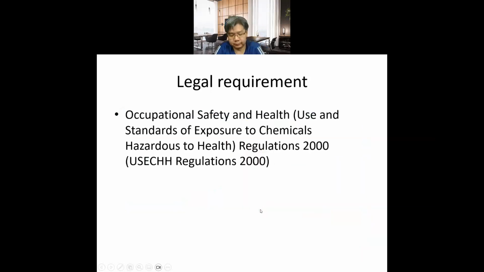Now, what I mentioned to you just now is a general sense of medical surveillance. Like I mentioned to you, it is surveillance of the medical conditions. So it requires history taking, physical examination, blood taking, laboratory tests, and so on. So it can be applied to any form of hazard exposure in the general sense.